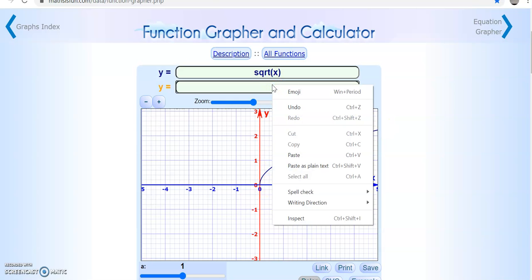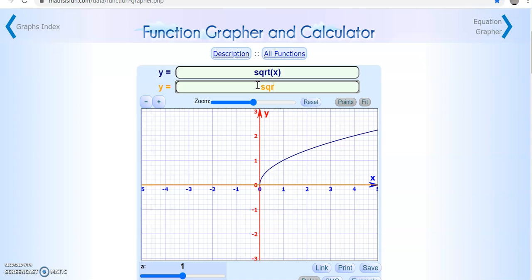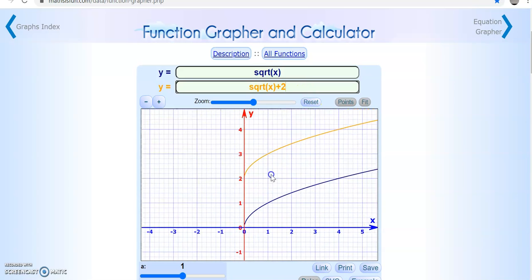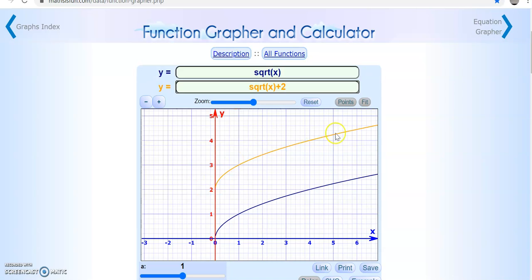And so if we take this whole function, the square root of x, and add 2 to it, you can see the graph is shifted up 2 units, which was explained in the previous video. It's shifted up because every y value is added 2.